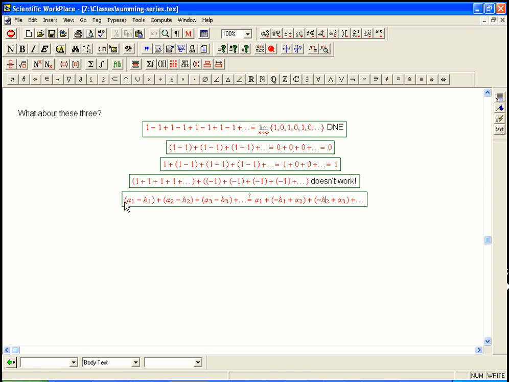But what if I look at the general case and think about when this would work? I have these sequences alternating between a's and b's, and I either group them in this way, or I let the a1 hang off and group them in a slightly different way. Are these ever equal? Are there conditions where I could assert that this kind of thing works?